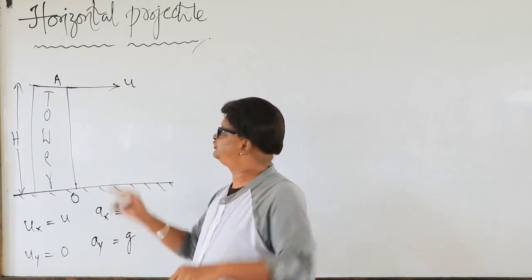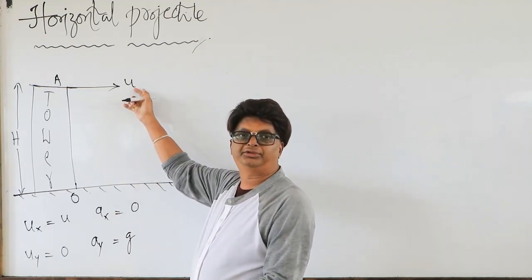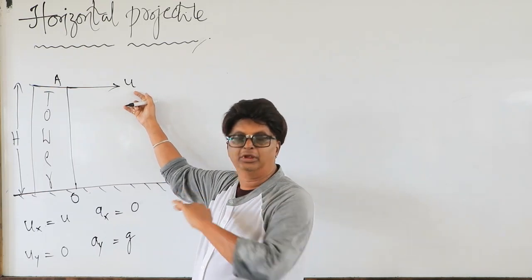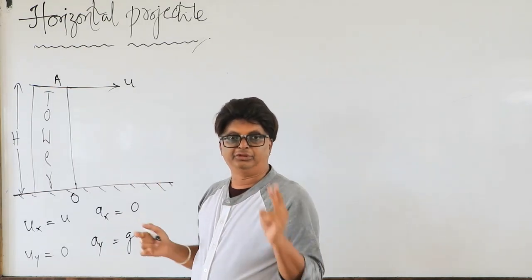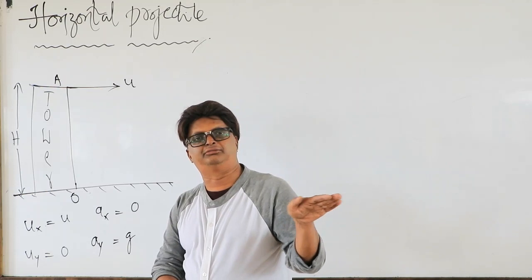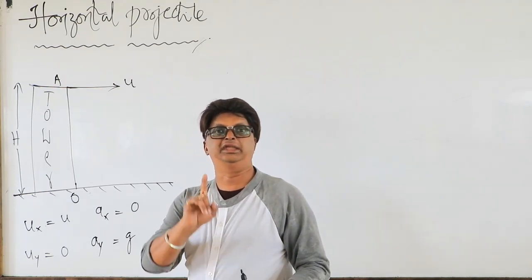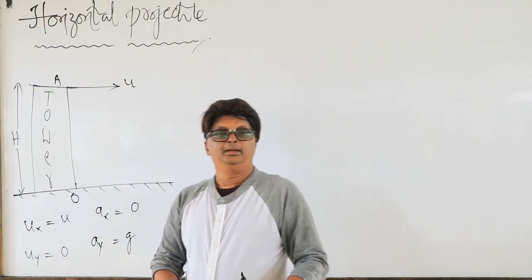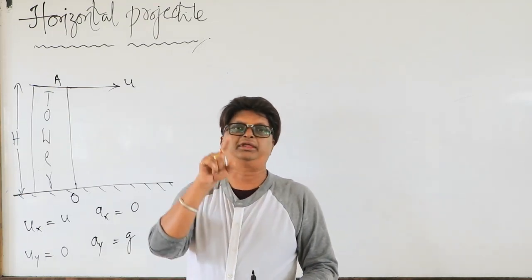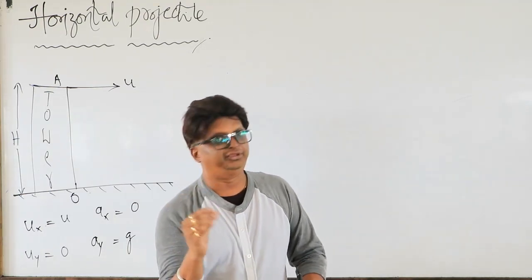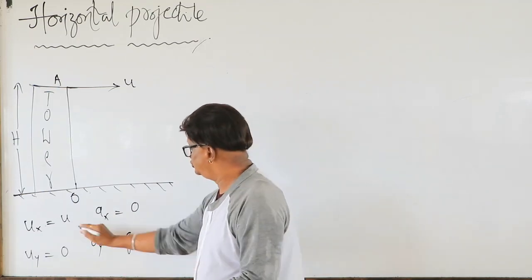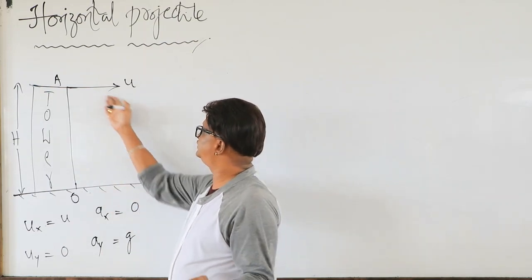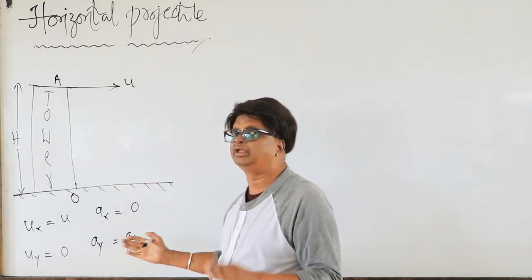But gravity has no effect on the horizontal velocities and horizontal displacements, so they remain the same throughout the flight. The horizontal velocities and displacements are independent of gravity, because the 90 degree component also becomes 0. Therefore, ay is equal to g. I will take it as plus g because the velocity is gradually increasing.